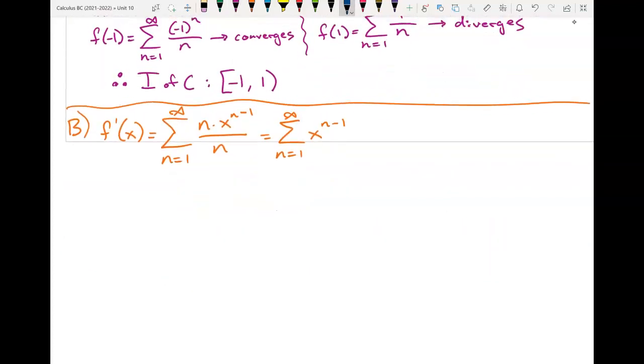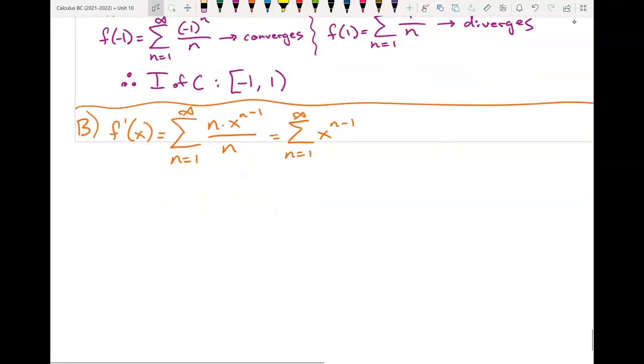Same thing here, we are centered at 0, and so our radius is still equal to 1. So all we need to do is check x equals -1 and x equals +1. Let's start with that. F prime at -1 would be the sum as n equals 1 to infinity of -1 to the n minus 1 power.